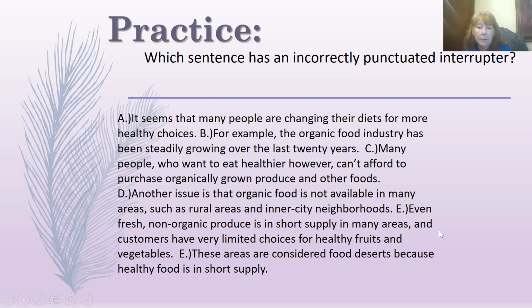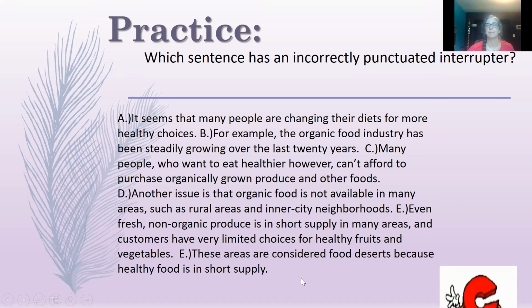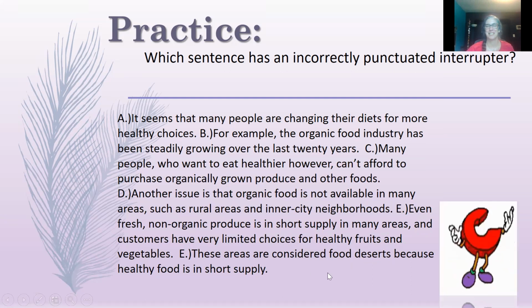That's a FANBOYS, so it's in front of an independent clause. And do we have two independent clauses in this sentence? Yes. Good. Yes, we do. These areas are considered food deserts because healthy food is in short supply. So the only issue I saw for sure was in C. And thank you for helping me figure out how to fix that, Joey.